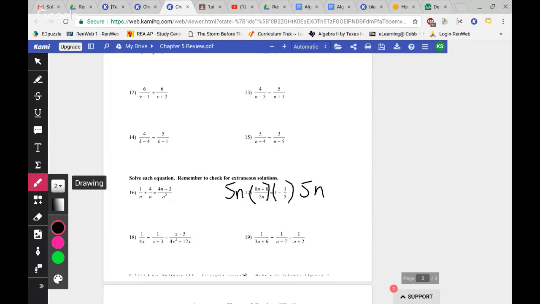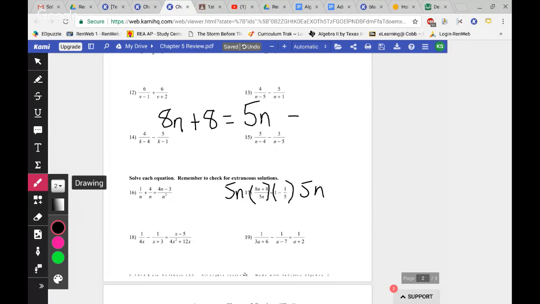5n goes into 5n one time, and then 1 times 8 times the numerator is just going to leave me with 8n plus 8 equals, and then this is 1 over 1, and 1 goes into 5n 5n times. So 5n times 1 is 5n.